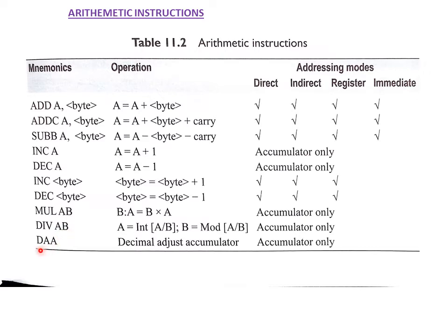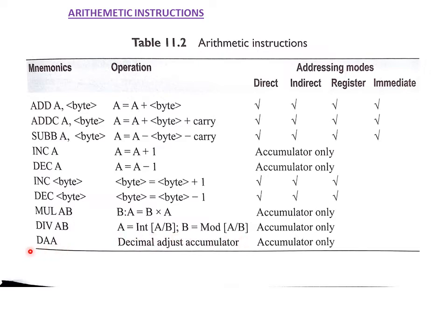Next, DA, which is decimal adjustment after performing addition in the accumulator. As we viewed with the examples, this is how the DA instruction operates. The data is converted from binary to BCD format, the result is evaluated in BCD format, and finally the adjustment is also done in BCD format.